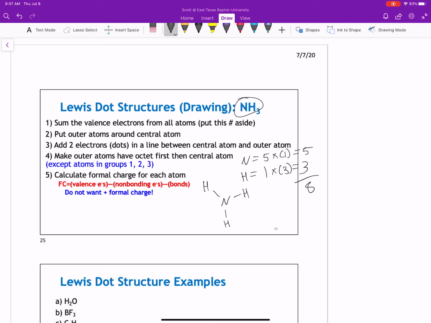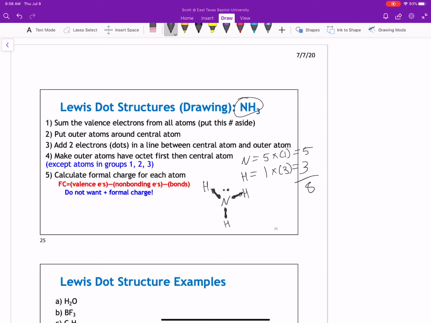So does hydrogen have 2? Well, yeah, 1, 2, 1, 2, and 1, 2. So we're good on our outer atoms. The hydrogens are full. Now, does the nitrogen have an octet? No, it doesn't. It only has 6 electrons around it: 2, 4, 6. So it might be good to throw a lone pair of electrons, or non-bonding electrons, on it to give it 8.